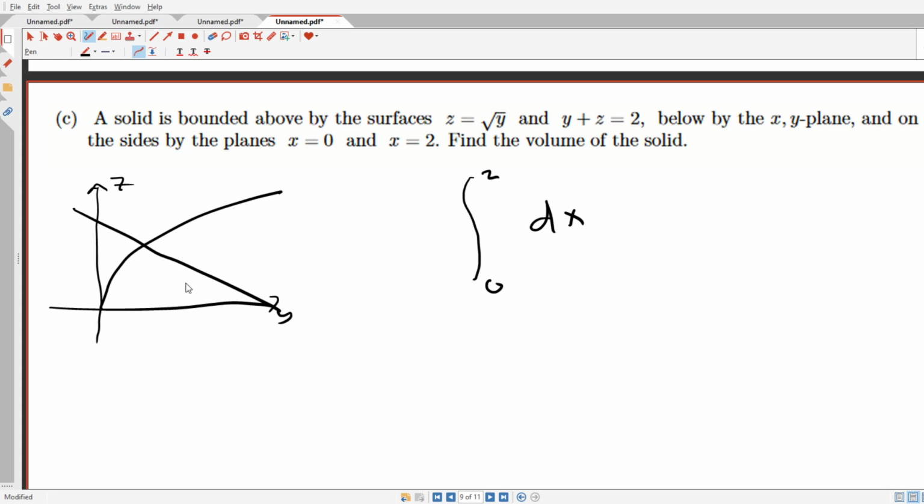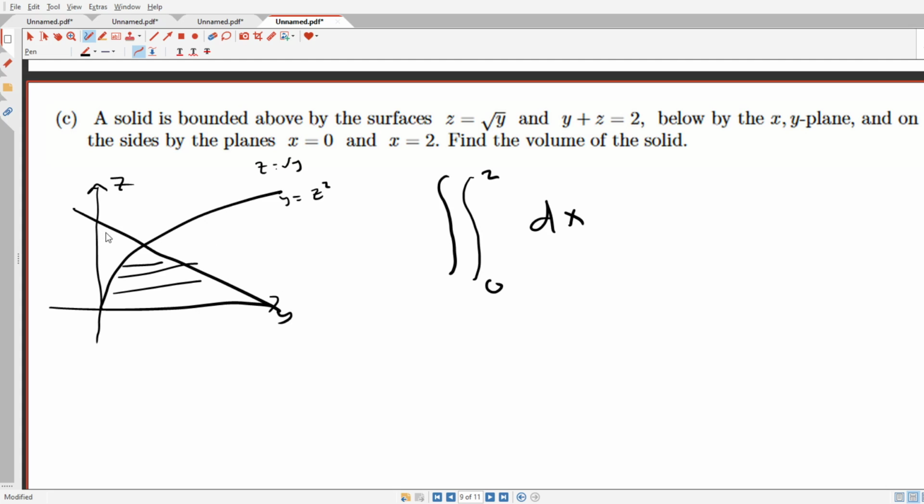And then I'm going to do it going this way first, because that way my bounds are the same for the top and bottom, and I don't have to write it as two different integrals. So I'm integrating first with respect to y. So this is the line z equals root y, or also y equals z squared.